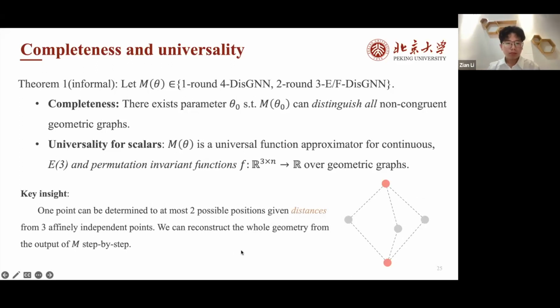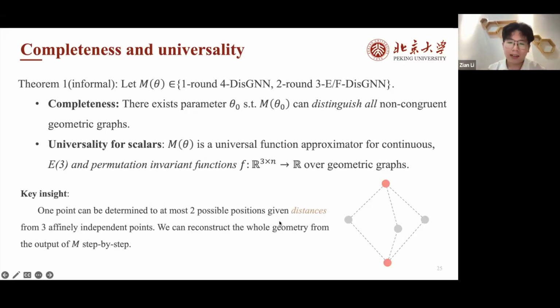So it's worth noting that it's very different from what we have seen in traditional graph representation learning fields, because in those fields, where we do not consider 3D information, you need the K in KWL to be very high, to be infinite, to solve the graph isomorphism problem.